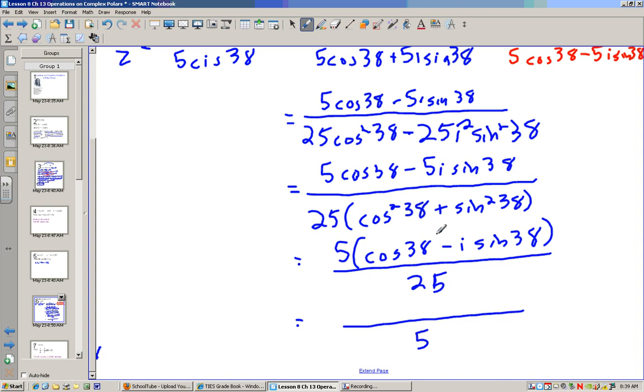Now what we can do is say that this is equivalent to cosine of negative 38. And if I put in sine of negative 38, I would have to change this sign, because the sine of negative 38 is negative sine of 38. So if I put the negative in here for sine, then it could turn into a plus, but the cosine doesn't switch.